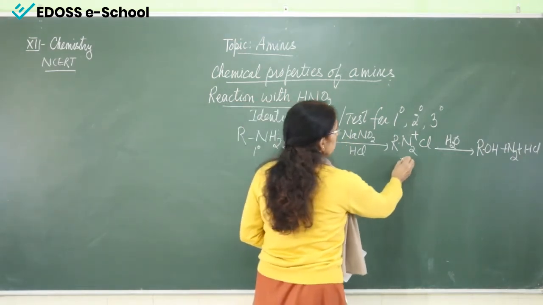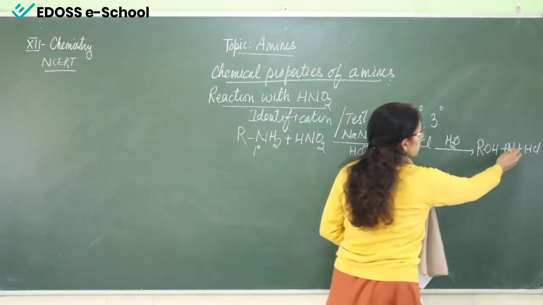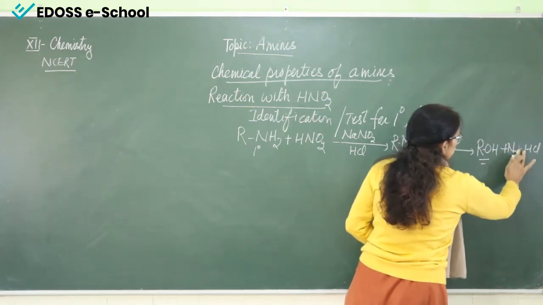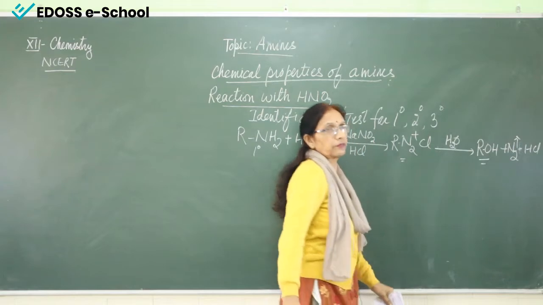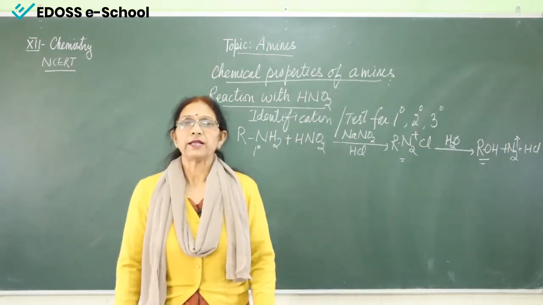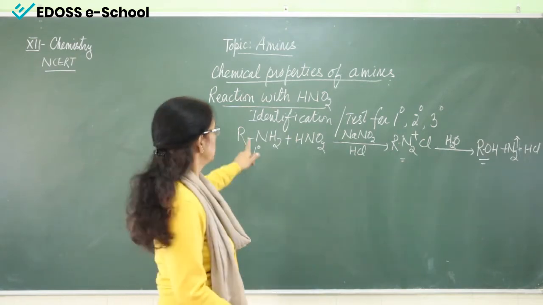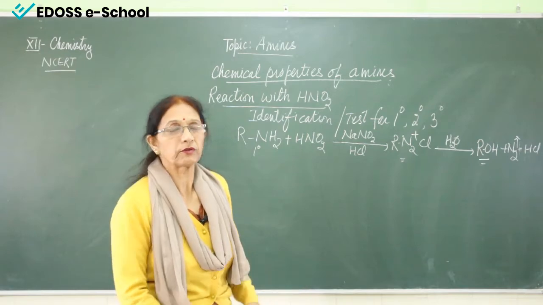So this intermediate product will be formed. And after this, on hydrolysis, we will get alcohol and nitrogen gas. You can see the effervescence of nitrogen gas. The nitrogen gas that is produced will identify that the given liquid is primary amine.